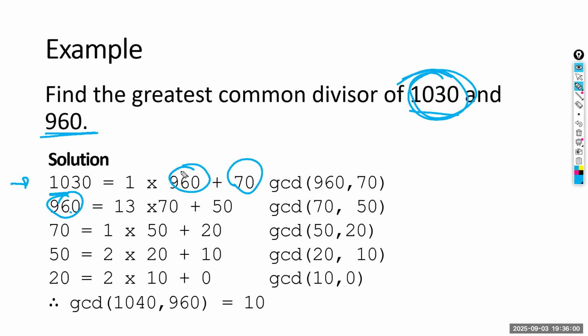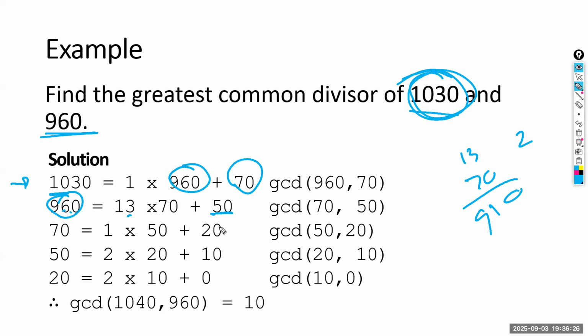How many 70s are there in 960? It's 13, 910. And then 50 remains, because 960 minus 910 is 50. So that is your second step.